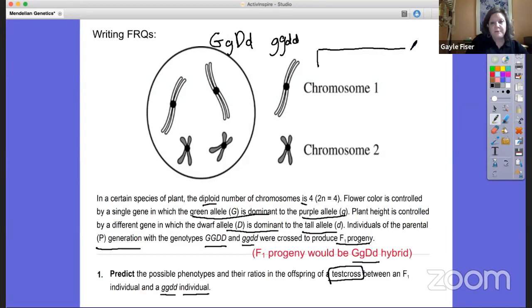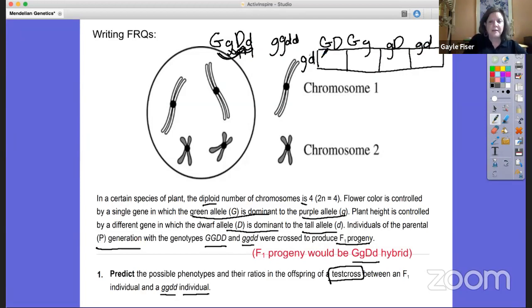So I'm going to build a little box, not 16 squares this time because I don't need them. What's the only option for offspring I have here? It's going to be a little g, little d, right? And so here I have big G, big D, big G, little d, little g, big D, and little g, little d. When they're crossed, we have this.